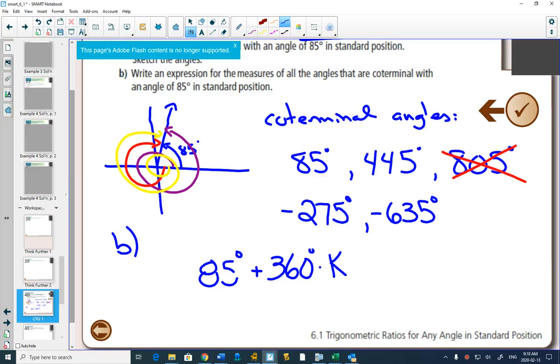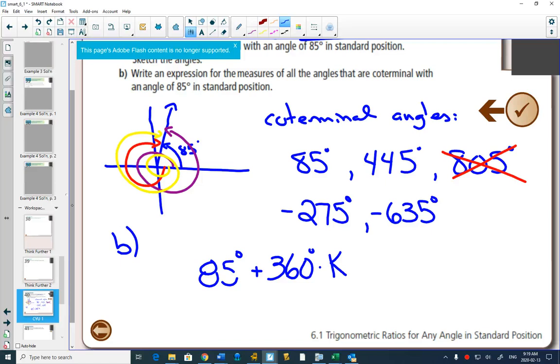I can't add 360 1.5 times. That doesn't work. I can't add it 1.732 times or anything like that. They have to be whole numbers, or I could subtract whole numbers, right? I could subtract 360, subtract 360 twice.